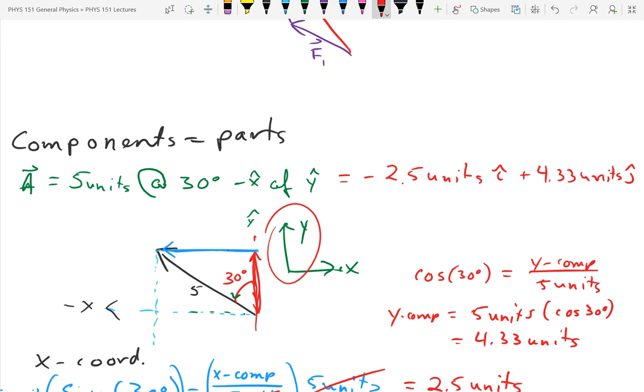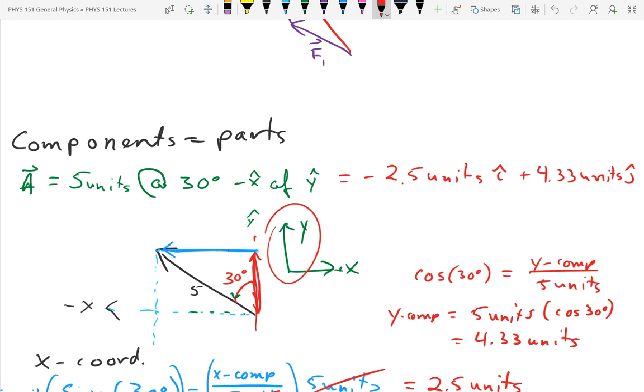We just went from the vector with a magnitude and an angle to the vector with an x component and a y component. How would we reverse it? How would we go from the components to the magnitude and the angle? Go ahead.